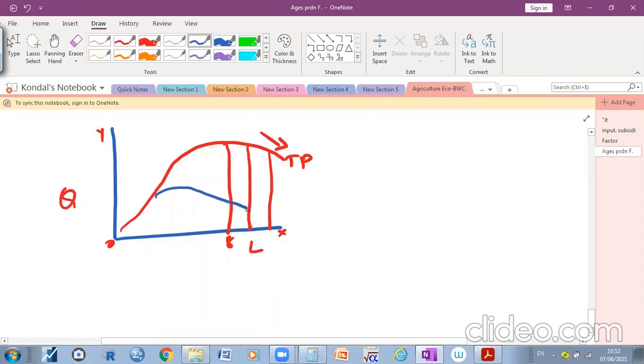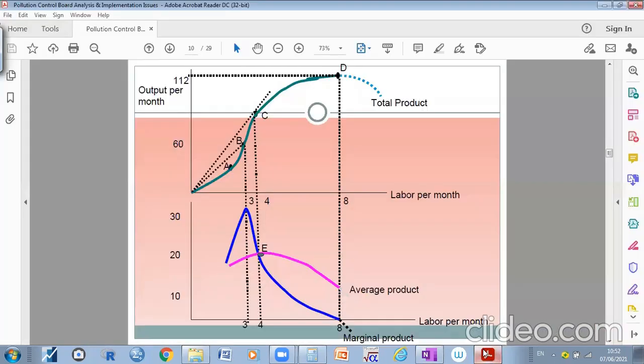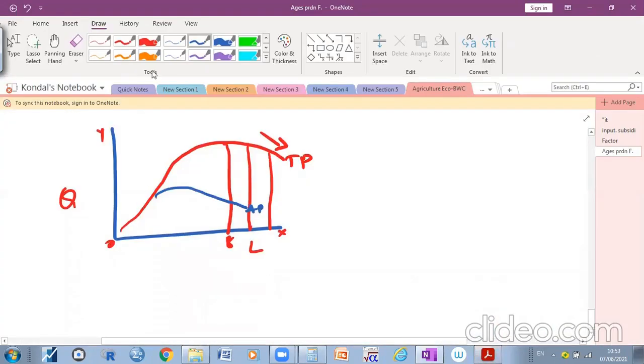It should be like this. See, this is AP, the average product, and marginal product. Here it can touch the x-axis. When the MP curve touches the x-axis, the MP value is 0.